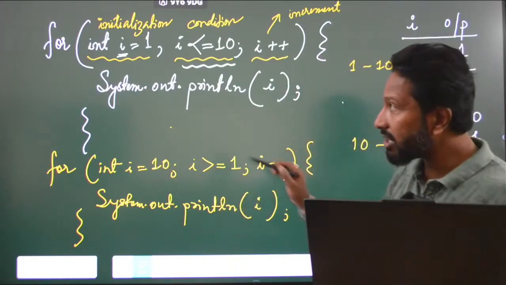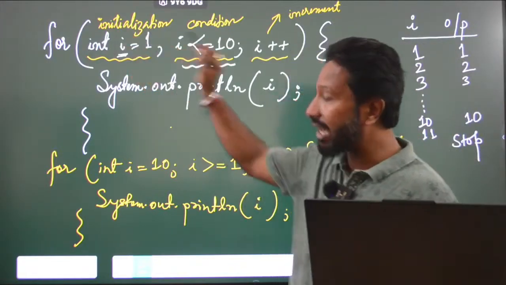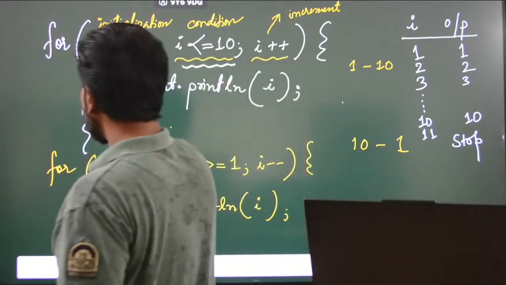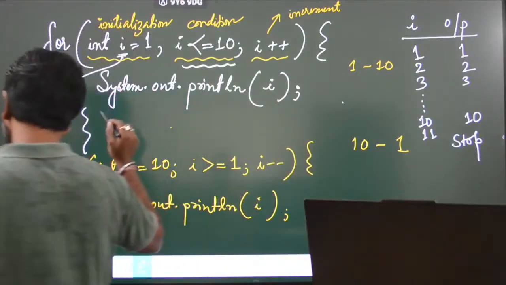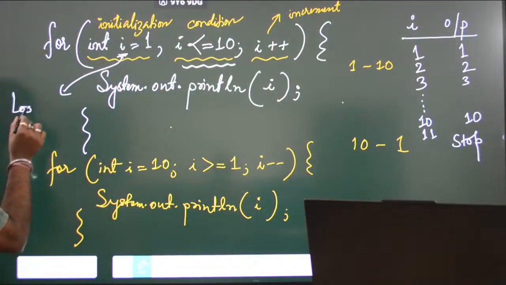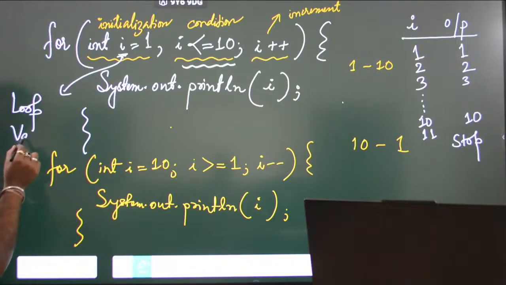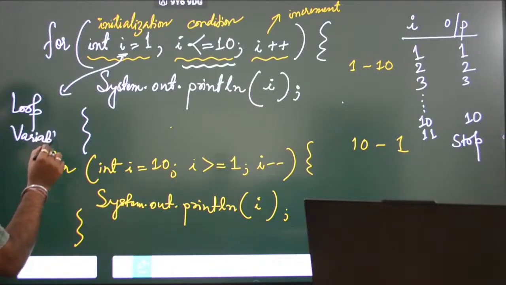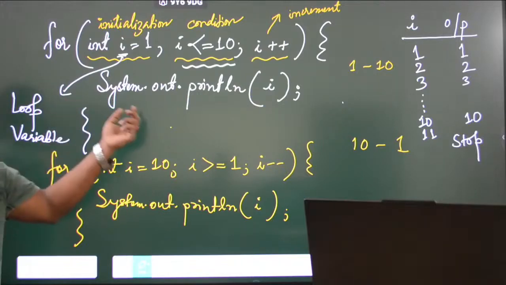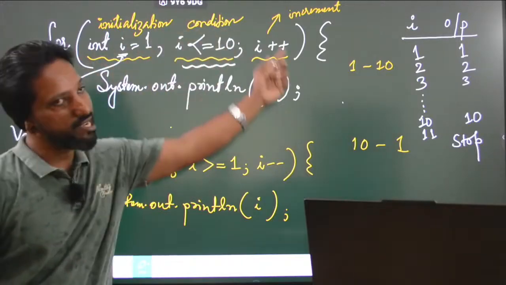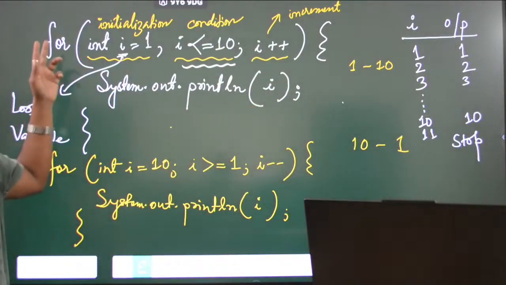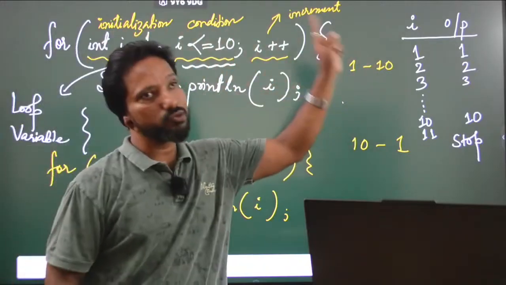That is why this part is the initialization part, and guys, please remember this i here is called the loop variable, or sometimes the iteration variable, because this is an iteration. When we print the value of i, that is one iteration.